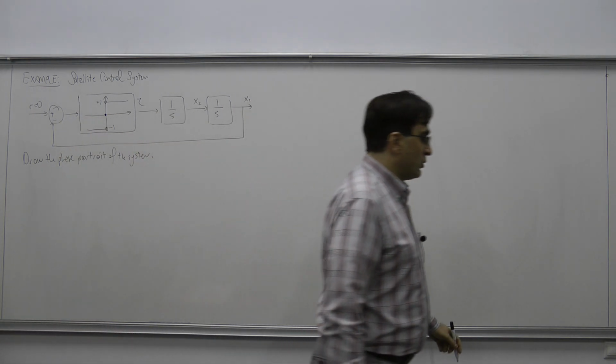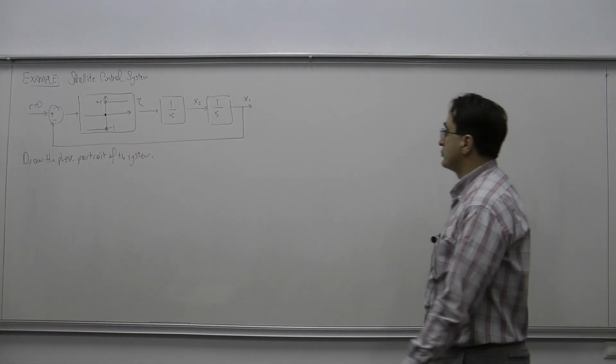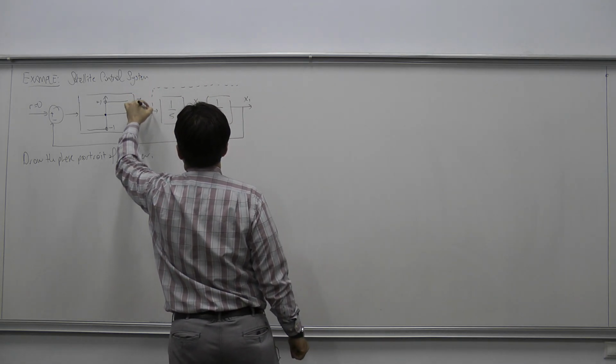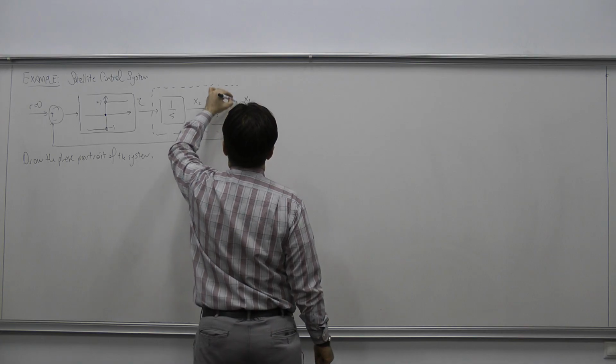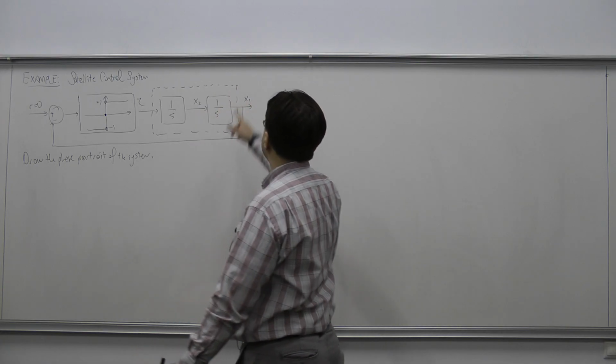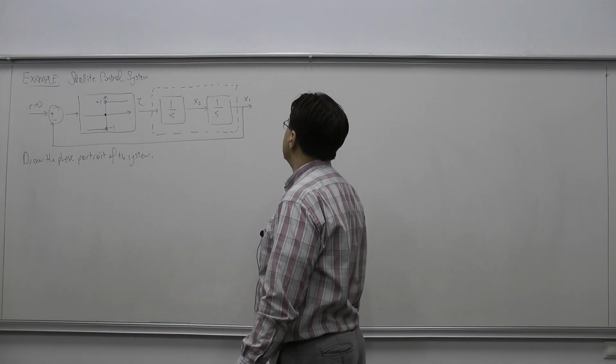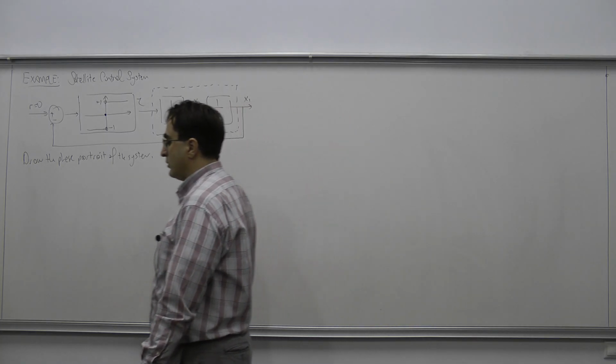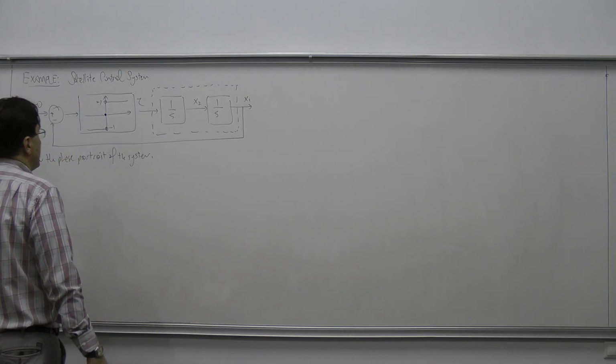So let me explain why it is a satellite control system example. So here is the plant that we would like to control. It starts from tau and it goes to x1. x1 is like an angle here. So although we call it x, it is actually an angle.